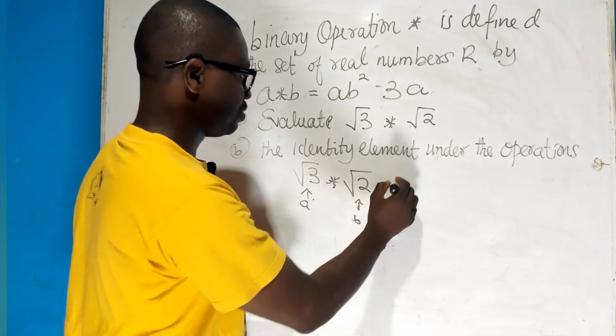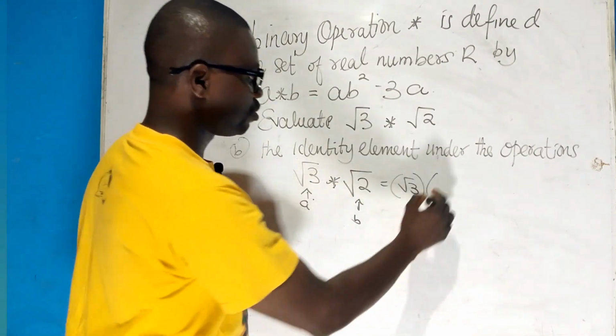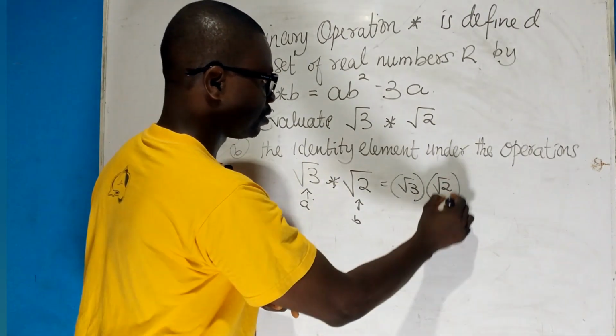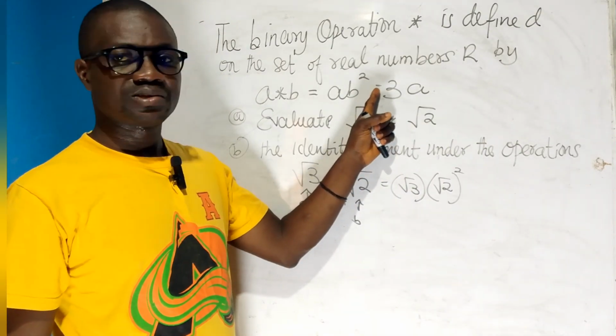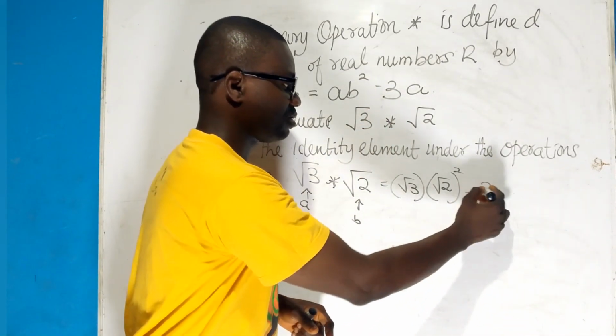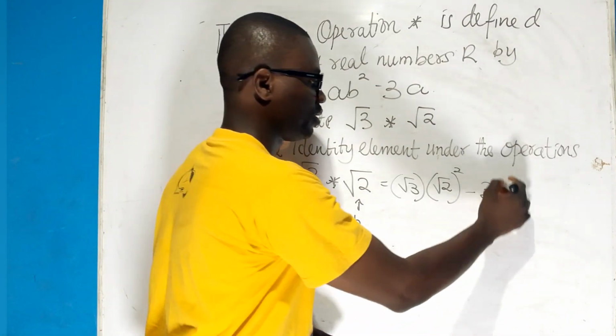A is square root of 3, then B is square root of 2 squared, minus 3A. What is your A? That is square root of 3.